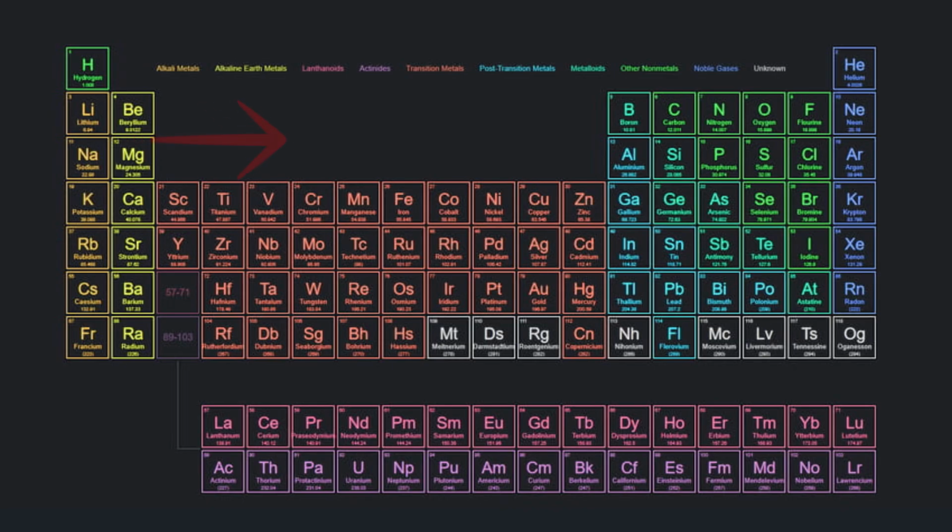So the other factor affecting Coulombic attraction is effective nuclear charge. And when you're talking about effective nuclear charge, you're really only going to be comparing atoms that are in the same period, which means that they have the same number of energy levels. So if 2 atoms are in the same period, atoms towards the right of the periodic table will have a greater number of protons, since their atomic number is increasing.